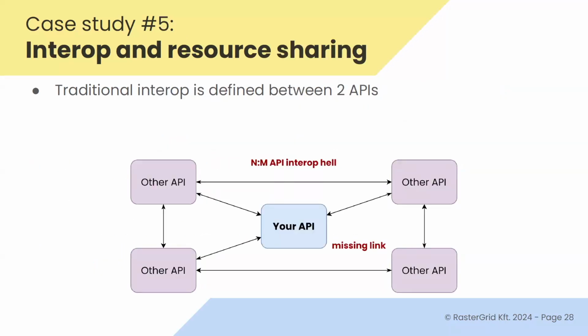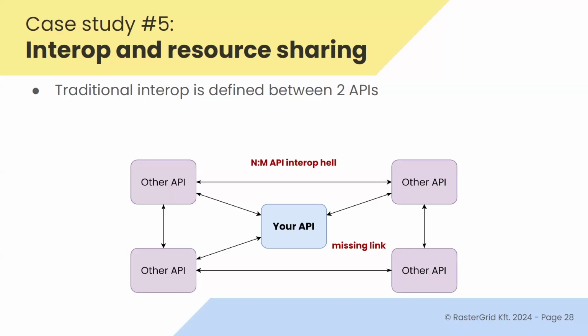And talking about interop, another thing I wanted to mention is that traditionally, when APIs provide interop with other APIs, they practically allow you to import and export that other API's objects, which creates this N-by-M API interop problem.